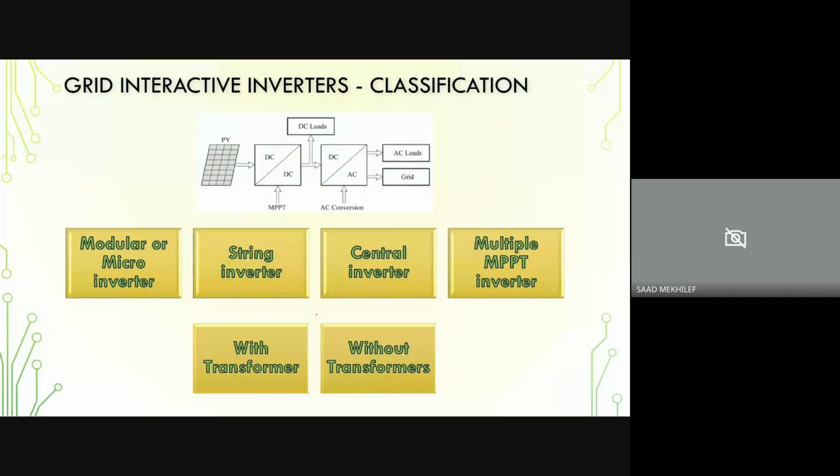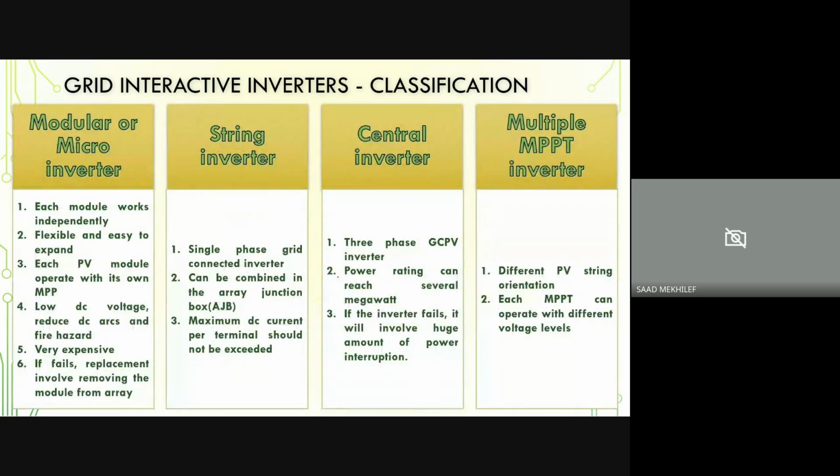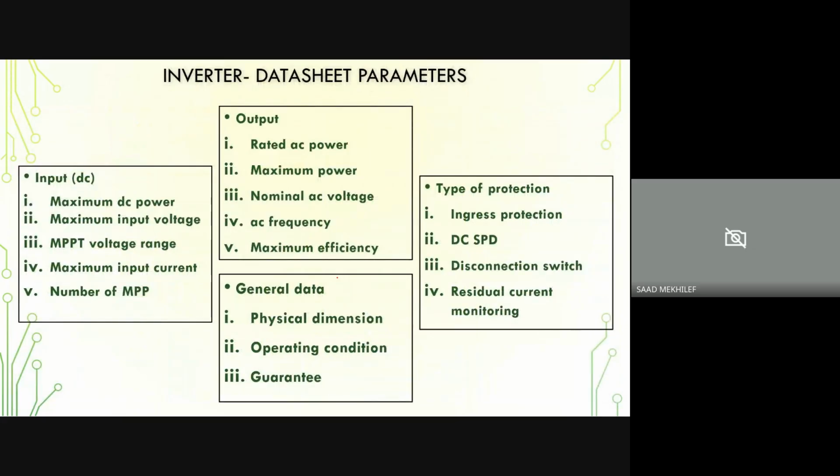I think we talked about this yesterday: microinverter, string, central, multi-string, and transformer versus transformerless. I think we have done this before. These are some of the characteristics of the inverter data sheet.